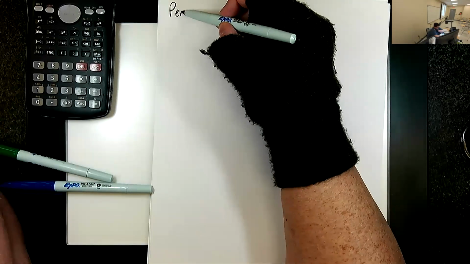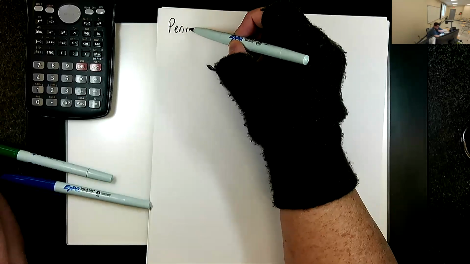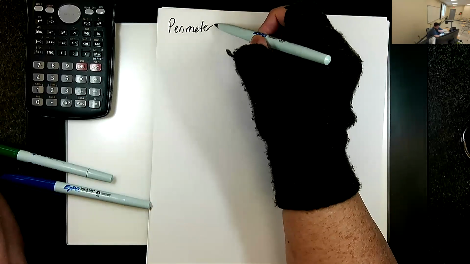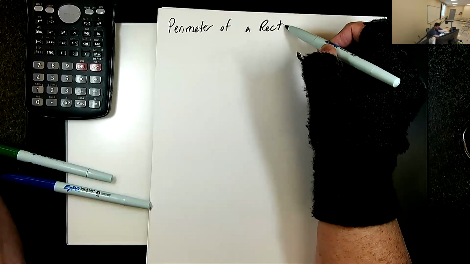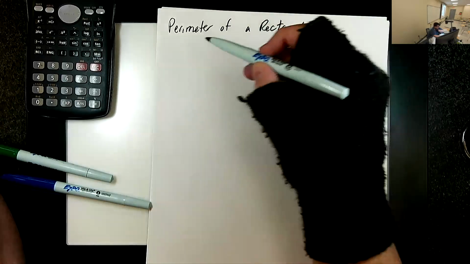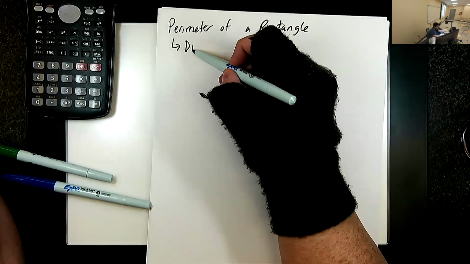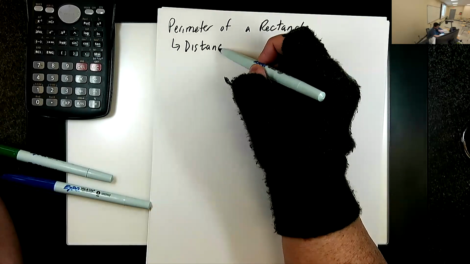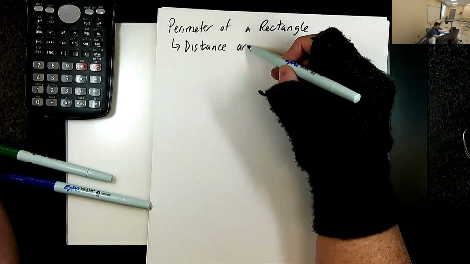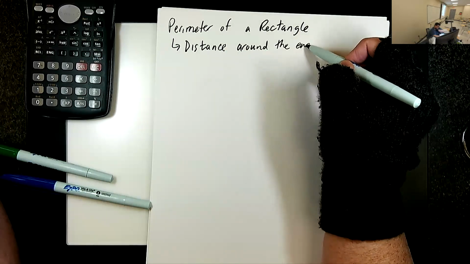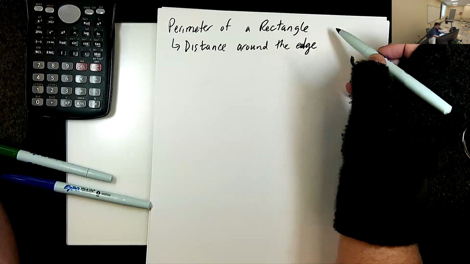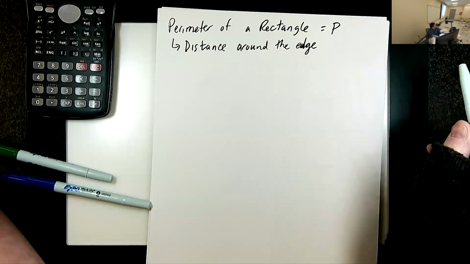Let's look at the perimeter of a rectangle. Perimeter means distance around the edge, and we tend to use P for perimeter.